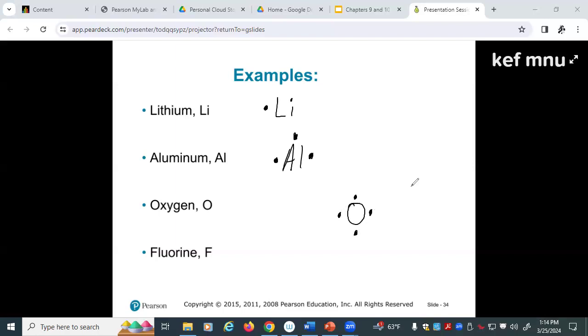That gives me 4. Now I can double up 5 and 6. Again, where the double dots are doesn't matter so much. What matters ultimately here is that my Lewis symbol for oxygen has 2 sets of pairs and 2 sets of single dots.